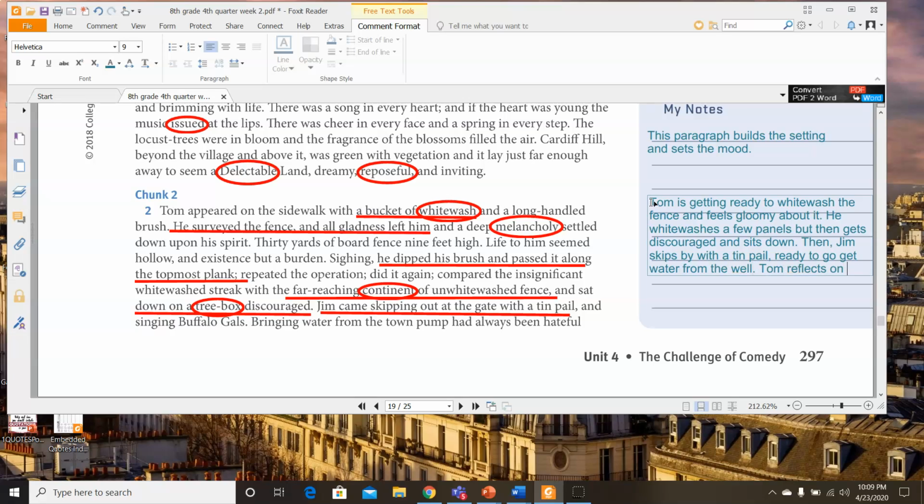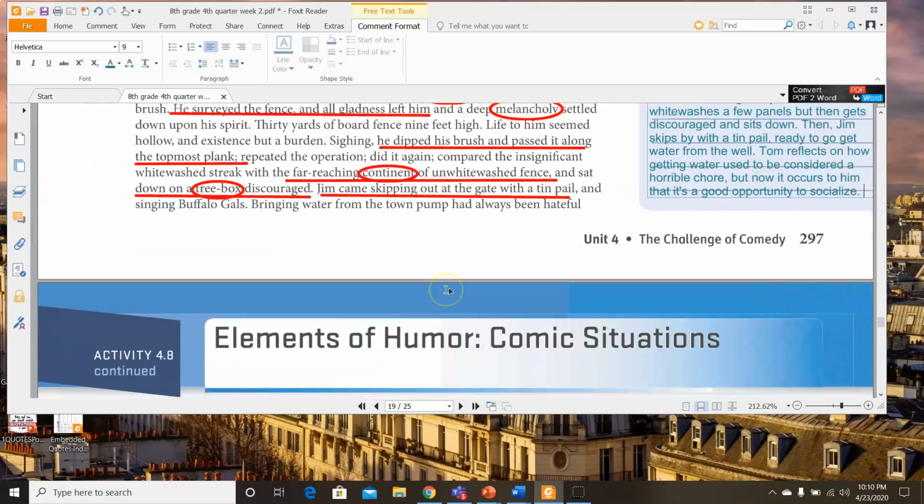Tom reflects on how getting water used to be considered a horrible chore, but now it occurs to him that it's a good opportunity to socialize. So I hope you guys see how I derived that from that paragraph. So now it's up to you to annotate the rest of these paragraphs, and then meet me down below where we can go over the questions together.